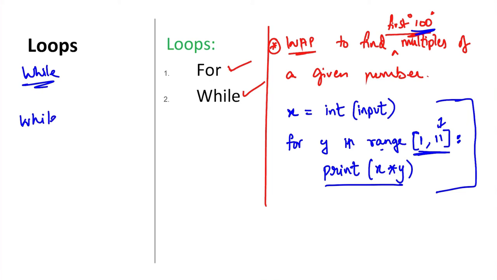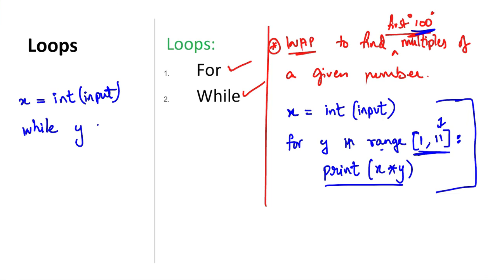First let's take the input, x equals integer of input, and let me change the while condition: while y is less than 11.